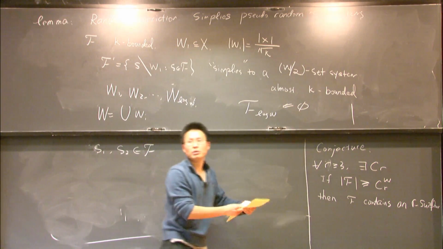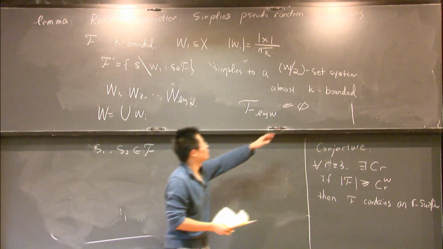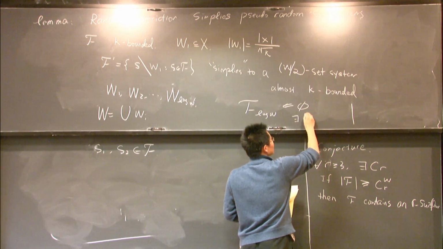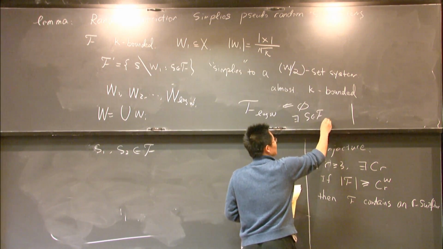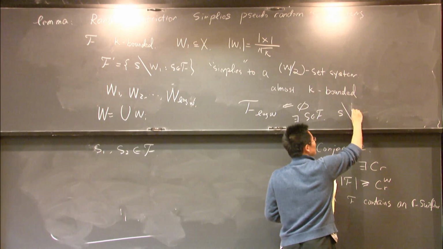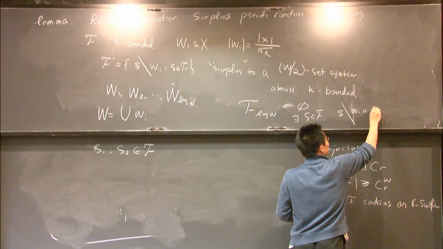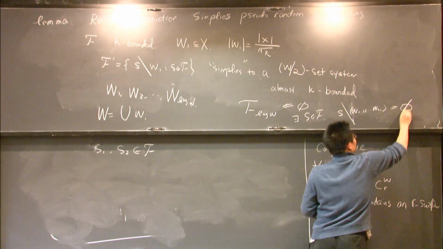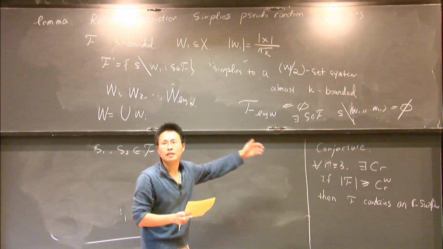Now we just want to check which set will simplify to the empty set. So there exists an S in the original F such that S, by removing the union of these sets, gives the empty set.